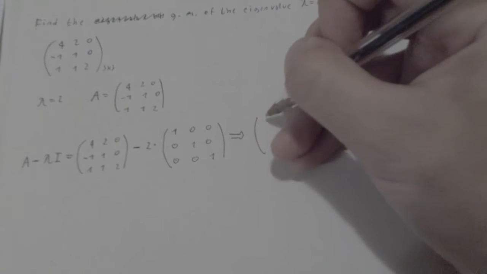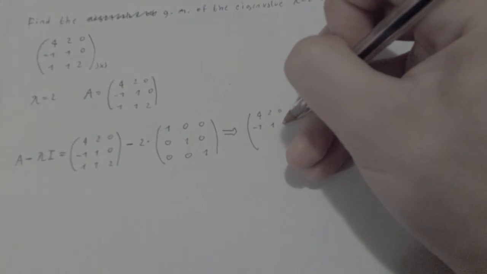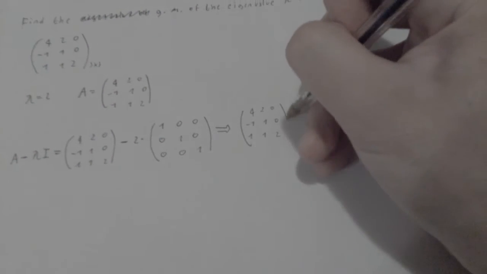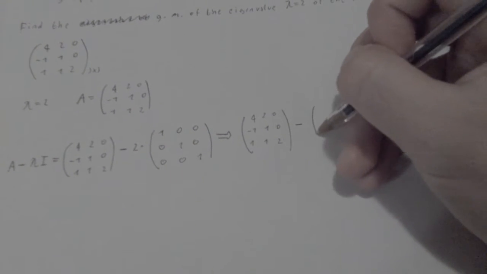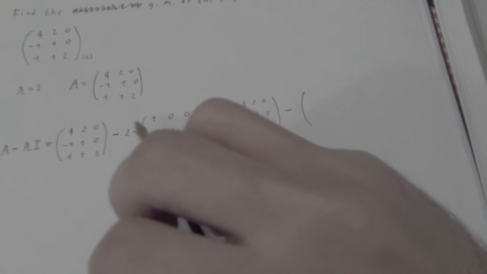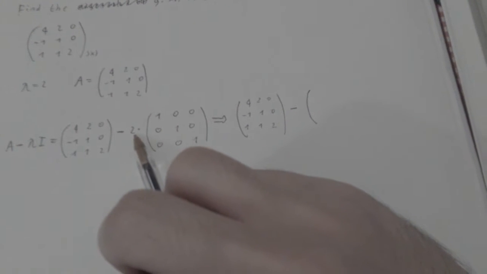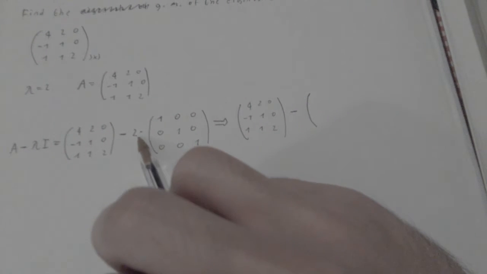So it's going to give us 4 2 0, negative 1 1 0, 1 1 2. This stays the same, minus, and this basically becomes 2 times the identity. When you multiply those kinds of matrices by a scalar, a number, you're multiplying each and every member by that scalar.